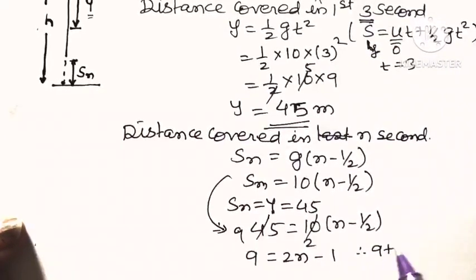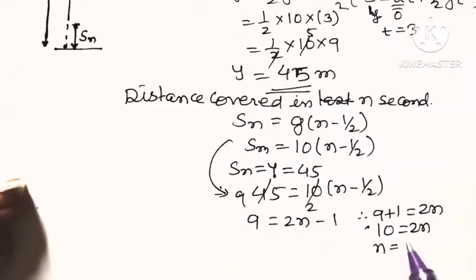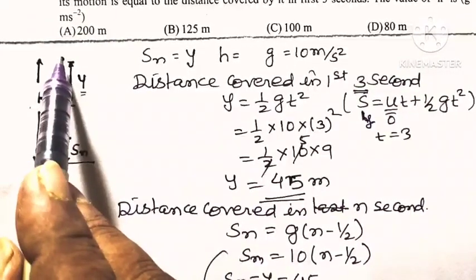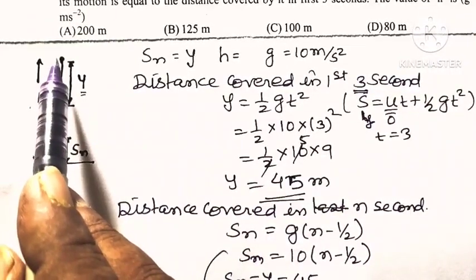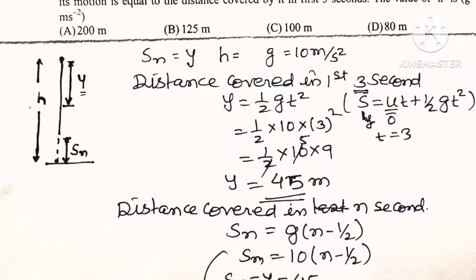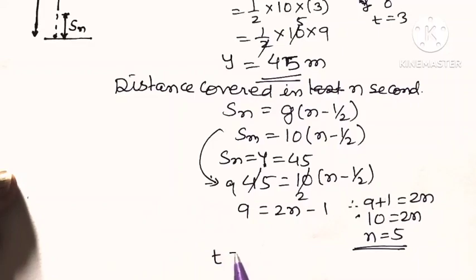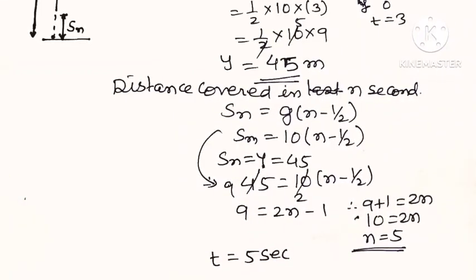Therefore 9 plus 1 is equal to 2n, or 10 is equal to 2n, or n is equal to 5. Means the time taken by the particle to fall from the tower of height h to the surface of the ground is n equal to 5 seconds, to fall on the surface of earth.